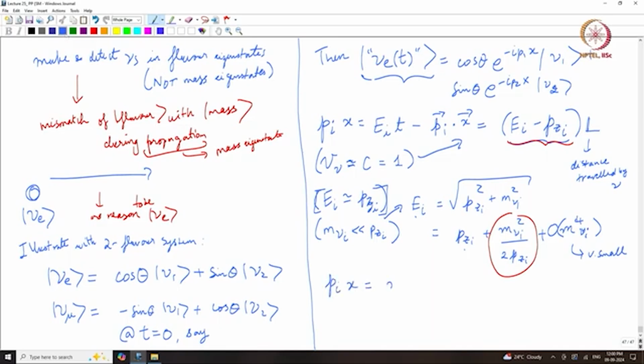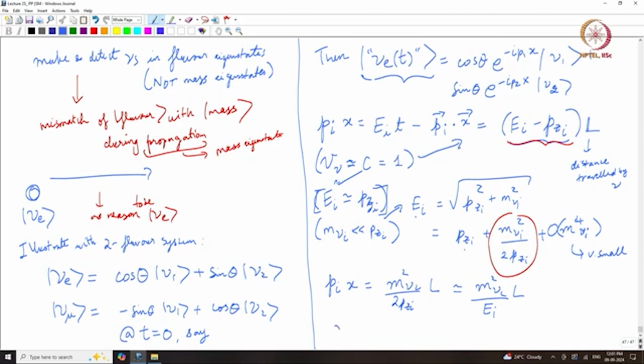The phase is nothing but m nu i squared over 2 P z i times L. So, to make life easier, I am just going to write it as E i. Why? Because you can once again do an expansion, you can put the P z i inside and then you can neglect higher order terms, you are going to get just E i in the denominator. Might as well call it E in this case.